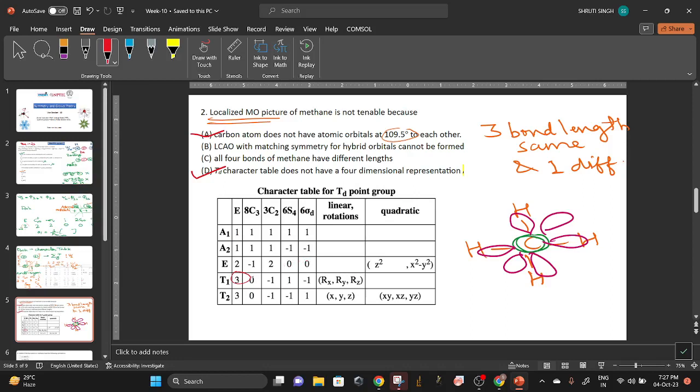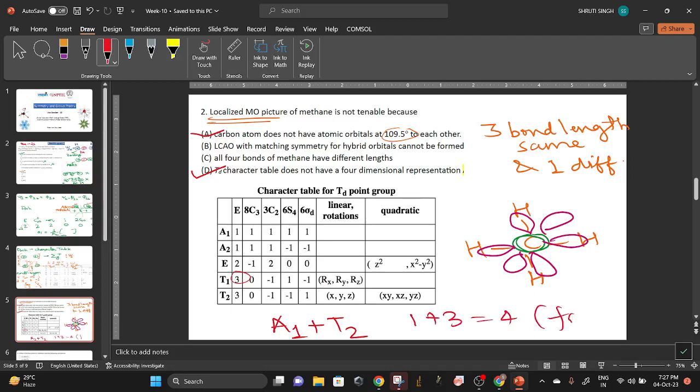So we have to write it as a linear combination of these two. So actually it goes like A1 plus T2. T2 is 3, A1 is 1, 1 plus 3 equals 4, which gives 4 bonds.